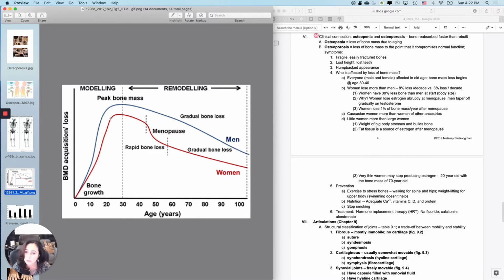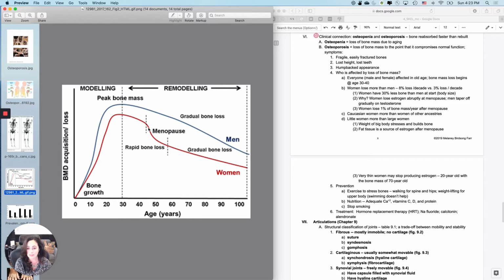And you keep accumulating bone mass up until your mid-20s maybe. And then around age 30, you can start losing bone mass. And with men, the bone mass loss is relatively gradual. And with women, it's relatively gradual, and then menopause can hit.